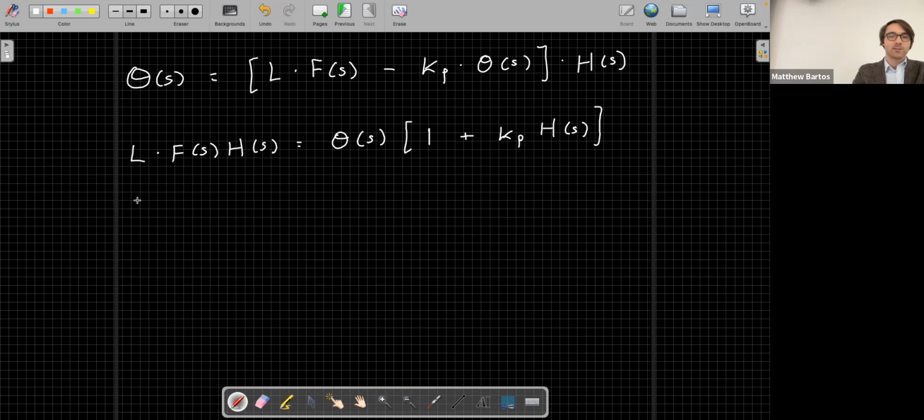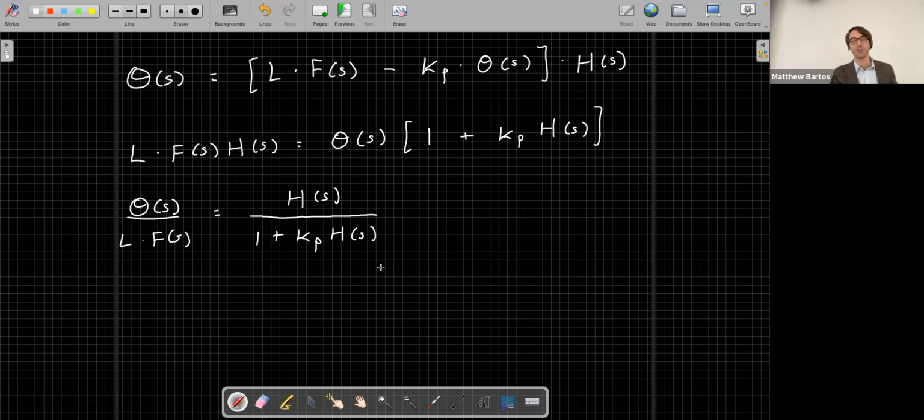And our closed loop transfer function, which I'll write as theta of s over L times F of s, is going to be equal to H of s, our unstable transfer function, over 1 plus Kp times H of s. This is similar to something we looked at in a previous class.